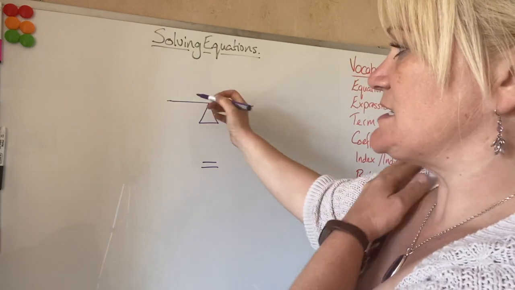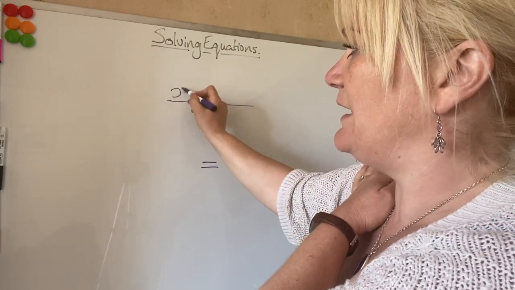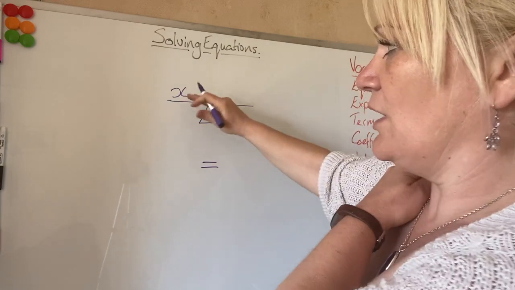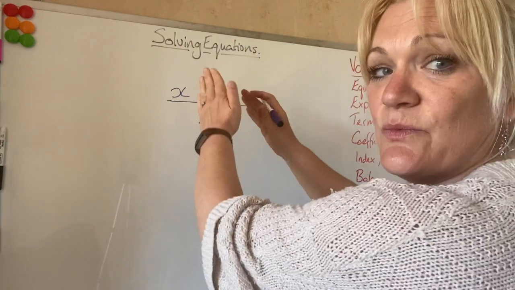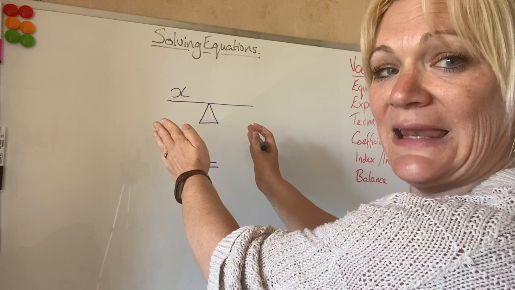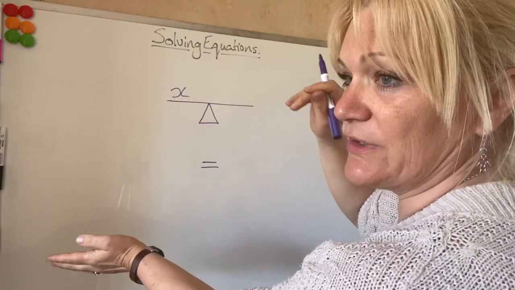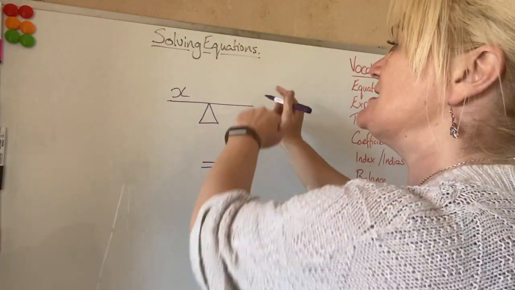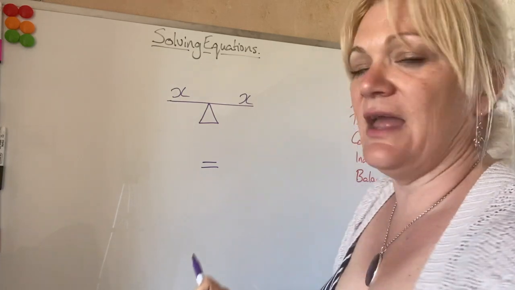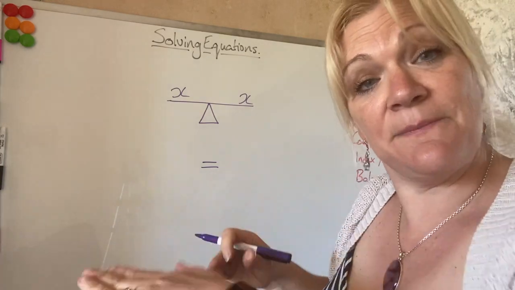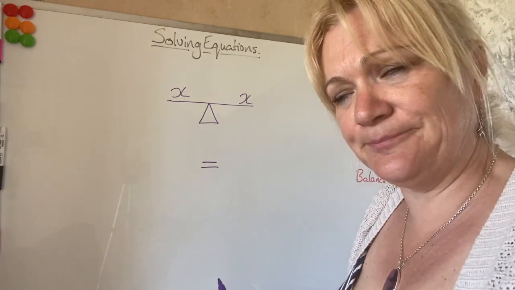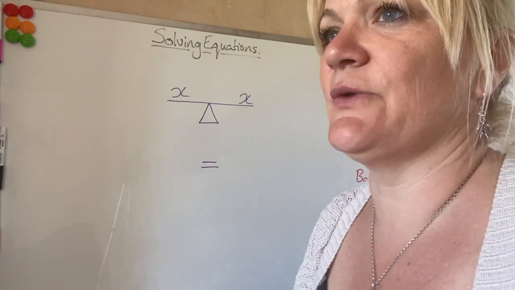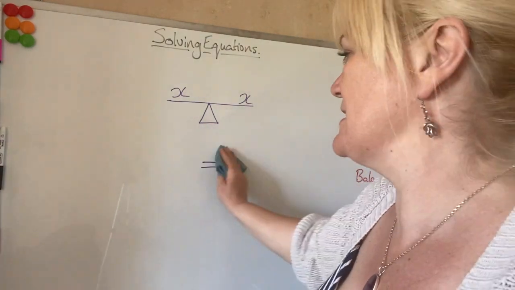So just like with a set of scales, if I put on a letter X over there, if I just did that, it would stop being well balanced and it would bend down, wouldn't it, and tip to one side. I'd have to put an X onto that side as well to keep it balanced.